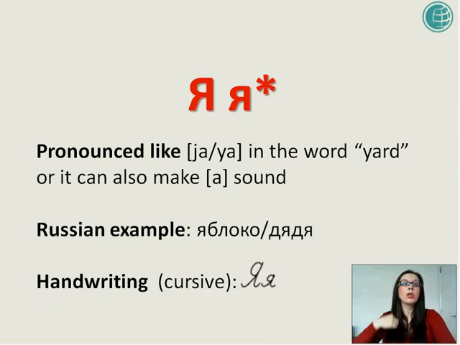It's pronounced like ya in the word yard, or it can also make a sound. Again, I put a star symbol. Why this letter can make different sounds, I will explain you in our next lesson. Let's look at Russian examples. Яблоко, which means apple, and дядя, which means uncle.